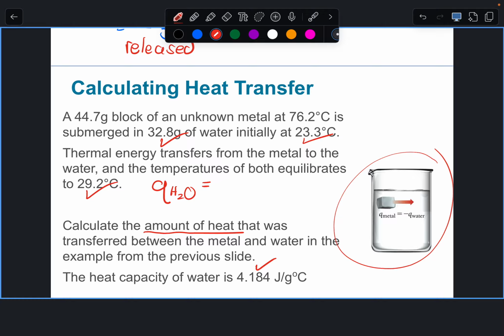So be careful when you're doing this that you're using the mass of the water, the specific heat of the water, and the change in temperature of the water.